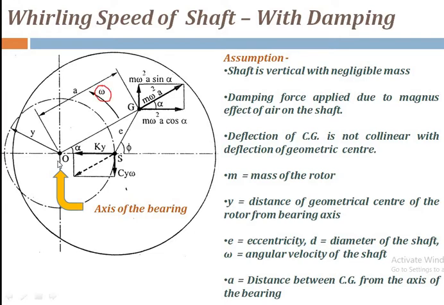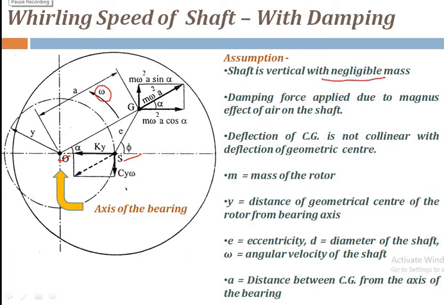Here O represents the axis of the bearing about which shaft and rotor rotates. S is the geometrical center of the rotor and G represents the center of gravity of the rotor. Few assumptions made over here are shaft is vertical with negligible mass.